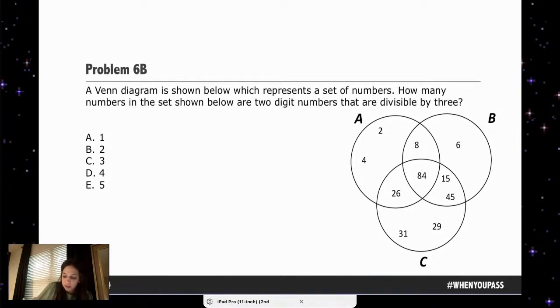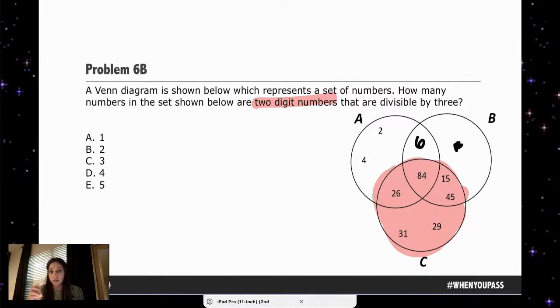And I'm just moving the 6 into the correct category before we keep moving on. So here's where I'm going to think. Two-digit numbers. Only going to be these numbers right here, right? Two-digit numbers. Check. That are divisible by 3.